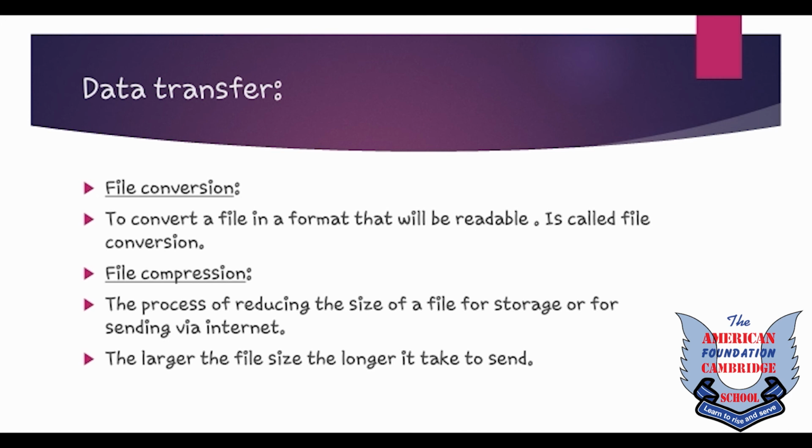Let's suppose you have got data in PDF format, so you need to download Adobe Reader on your computer so that you will be able to read the data that you received. And how can you read that data? You need to download Adobe Reader.